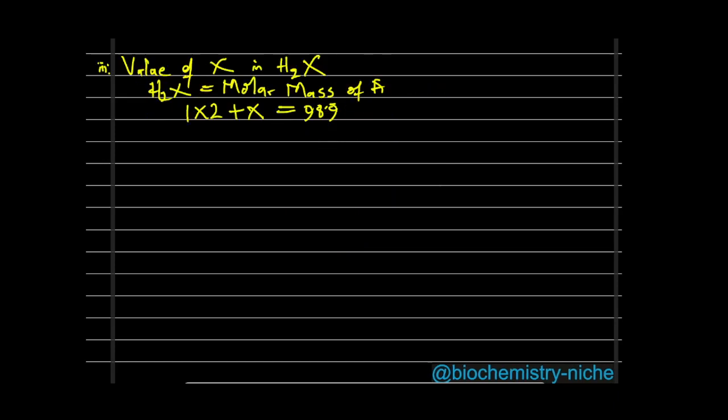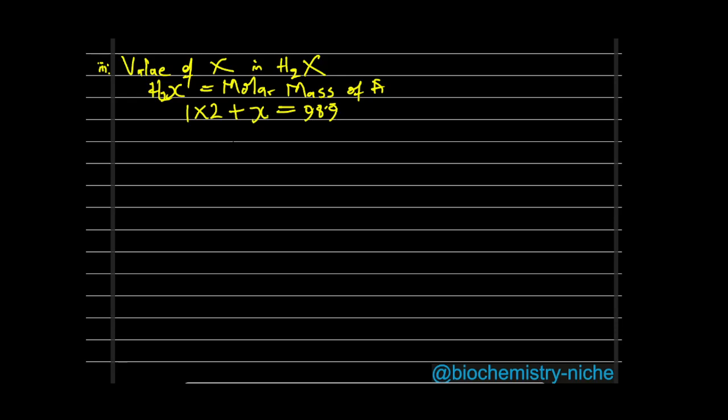So 1 times 2 plus X equals 98.9. Let me write our X like this so it doesn't look like times, so we don't get confused. So 1 times 2 plus X gives us 98.9.